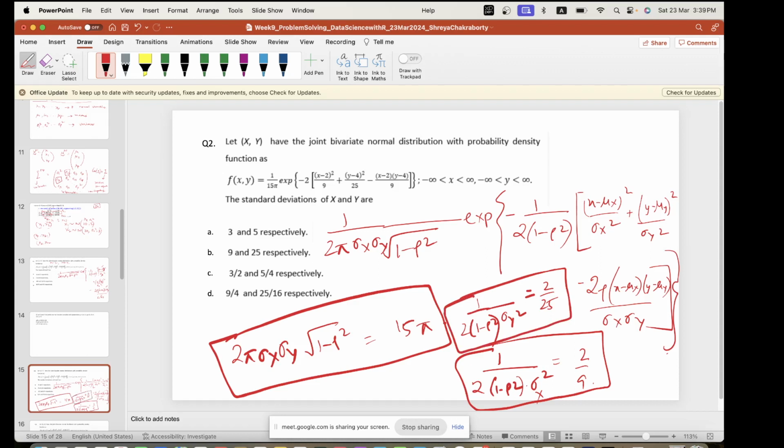And here if I write another equation, that is 1 by 2 into 1 minus rho square into 2 rho by sigma x sigma y, this part is actually 2 by 9.